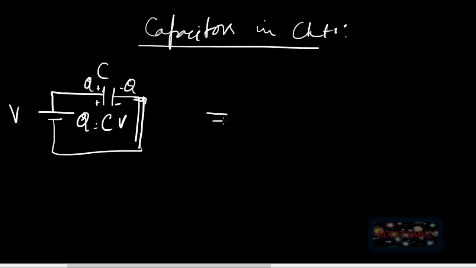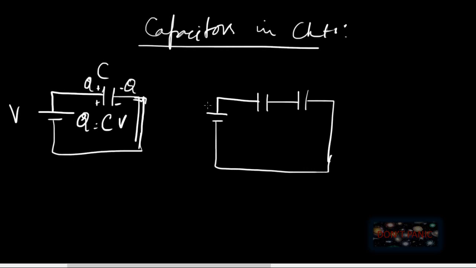Suppose now you have the case when you have two capacitors connected like this across the battery. So this is V, and suppose this is C1, and suppose this is C2. And suppose we're interested in finding the voltage and the charge across C1, charge on C1 and C2. Here the charge on C was Q, and the voltage was the voltage of the battery. So how do we find it here?